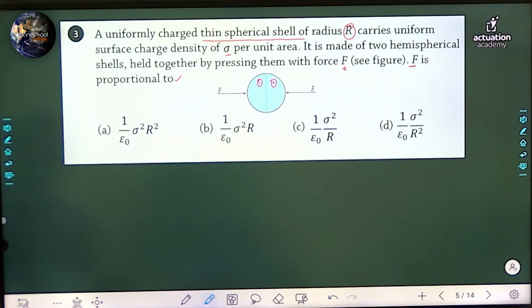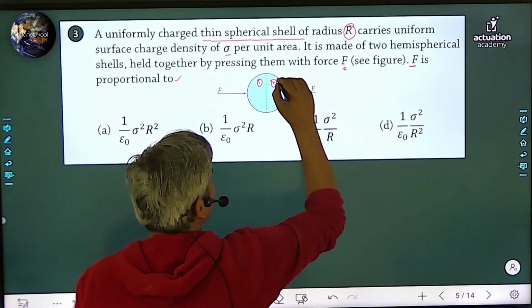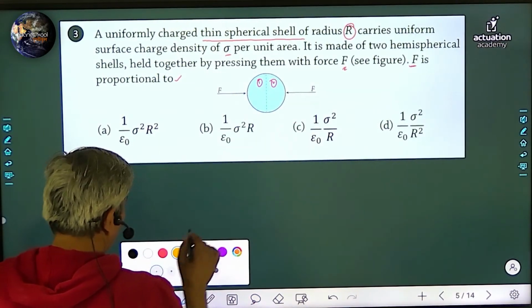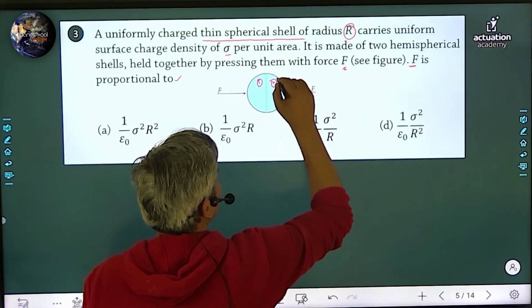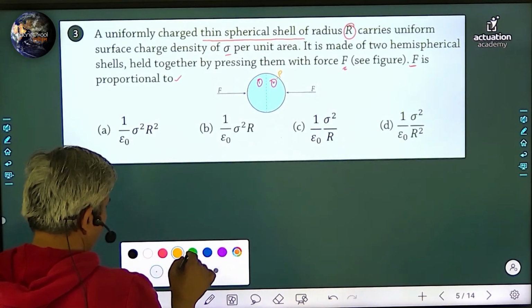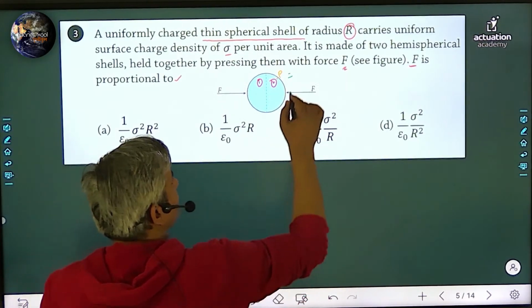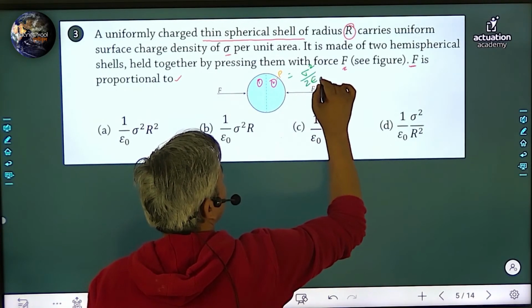So we know that the electrostatic pressure at any point can be written as P equals sigma square by 2 epsilon naught.